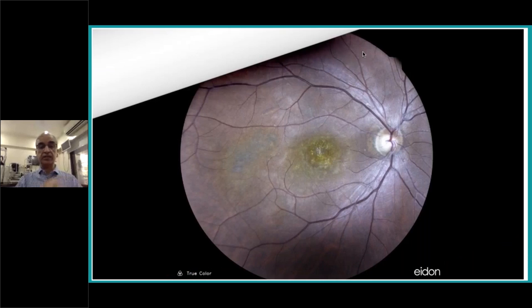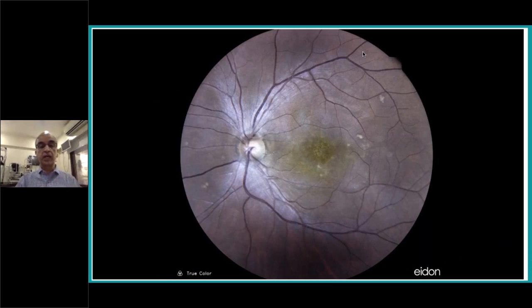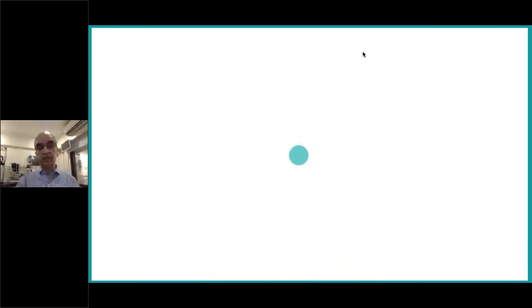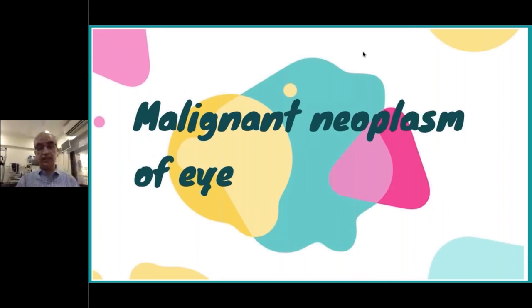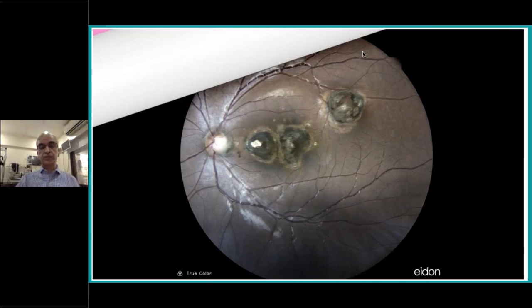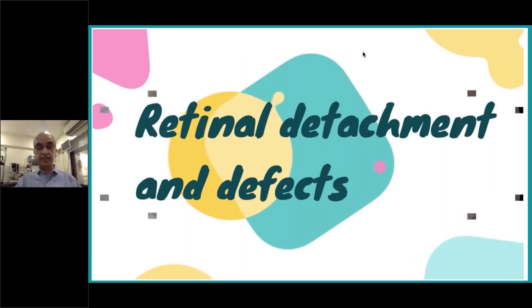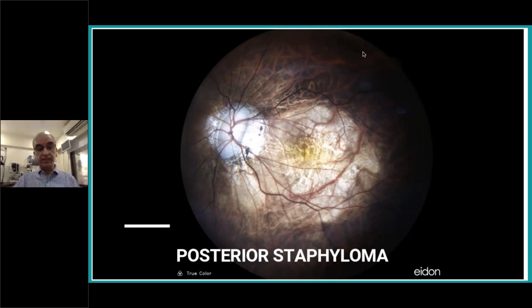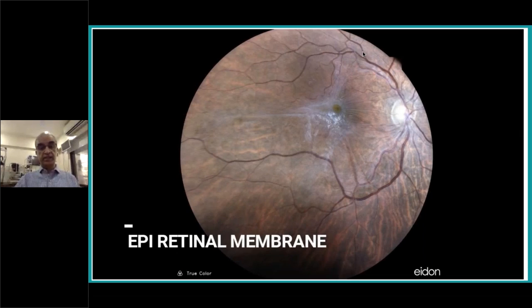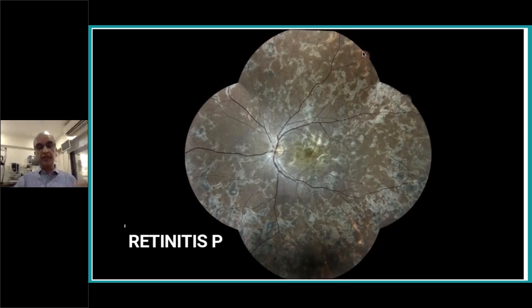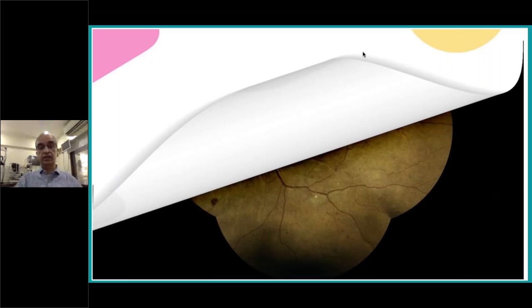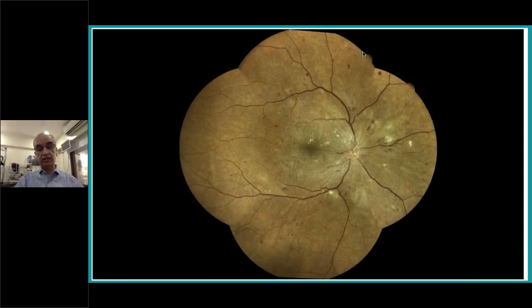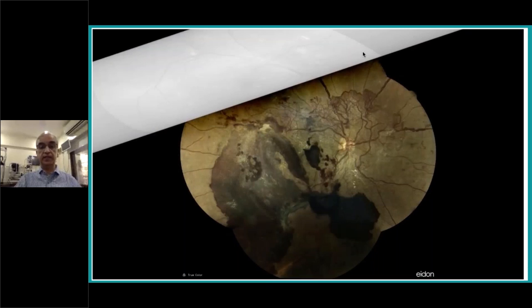So we see this, and after that we did an OCT of this patient, which had a macular thickness of 110 microns. And retinal detachment, as I said, we did this and then counseled the patients. Posterior staphyloma. And the biggest advantage that I have realized is that the epiretinal membrane resolution is so good that you look at that, and then you can do an OCT and see the elevation of that.